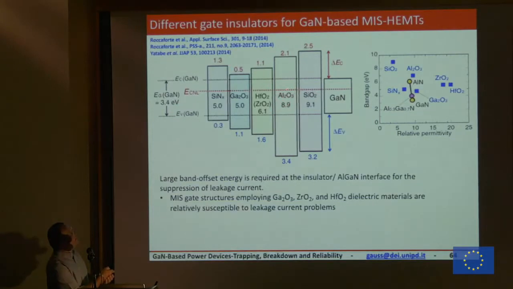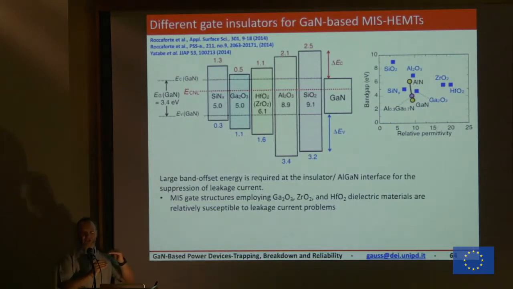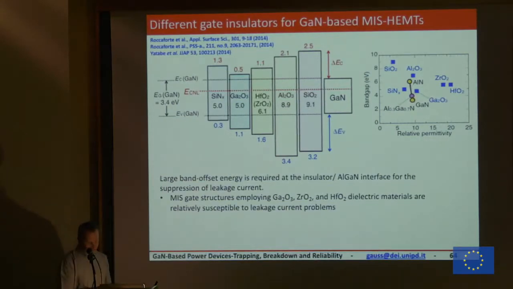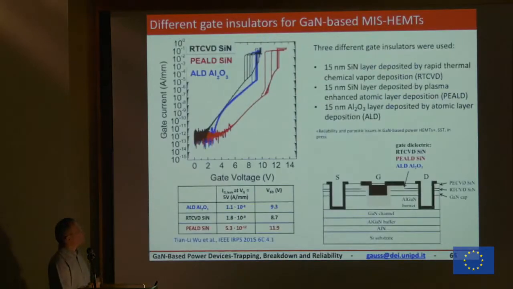And it looks like this is a very good compromise. Then, of course, there are zirconium and many other materials. But in terms of maturity and ease of processing, I believe today this is the good choice. But this can change in the future for sure.